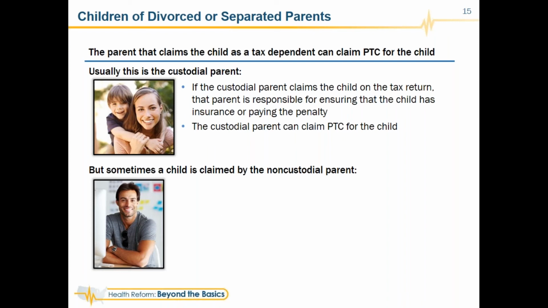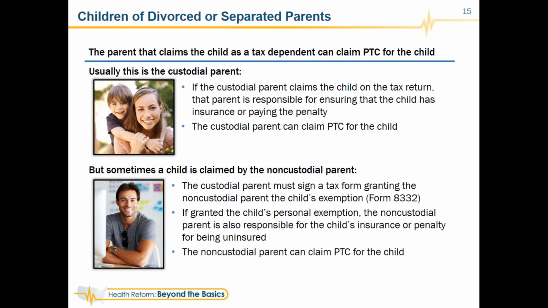Sometimes a child is claimed by a non-custodial parent, and this might be written into a divorce decree saying that the non-custodial parent can claim the child every year or every other year. And in this case, the custodial parent is going to sign over a tax form, Form 8332, to grant the non-custodial parent the child's exemption.